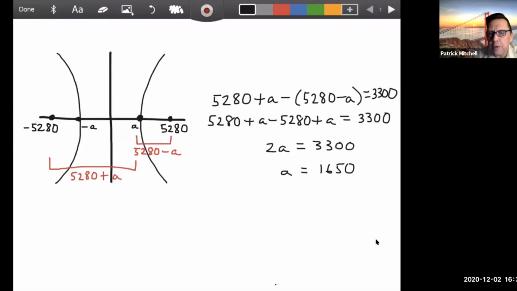The difference between those two distances is 3,300, so that gives you the equation on the right-hand side. Simplifying that, (5,280 + a) - (5,280 - a) = 3,300, and that's how you get 2a equals 3,300, which means a is 1,650.